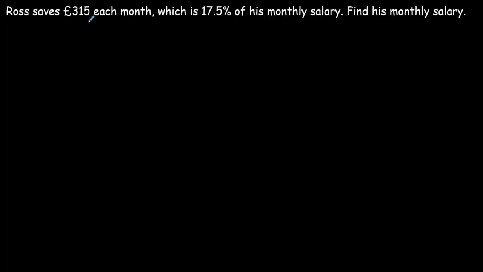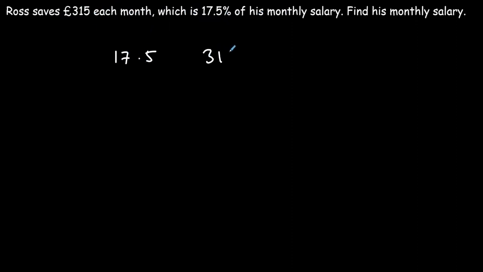Ross saves £315 each month, which is 17.5% of his monthly salary. Find his monthly salary. Okay, let's see. So when he saves 315, this represents 17.5% of his monthly salary.